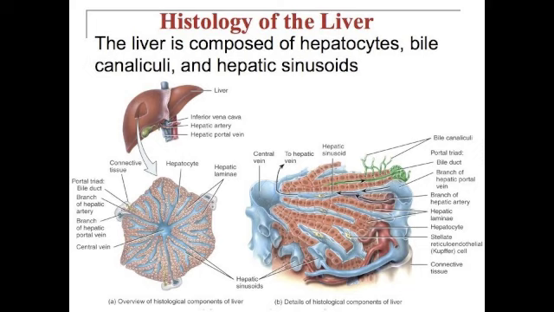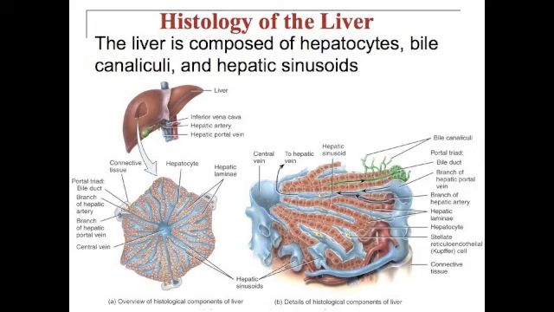Hepatic sinusoids converge and deliver blood into the central vein. From central veins, the blood flows into the hepatic veins, which drain into the inferior vena cava. In contrast to blood, which flows towards a central vein, bile flows in the opposite direction.